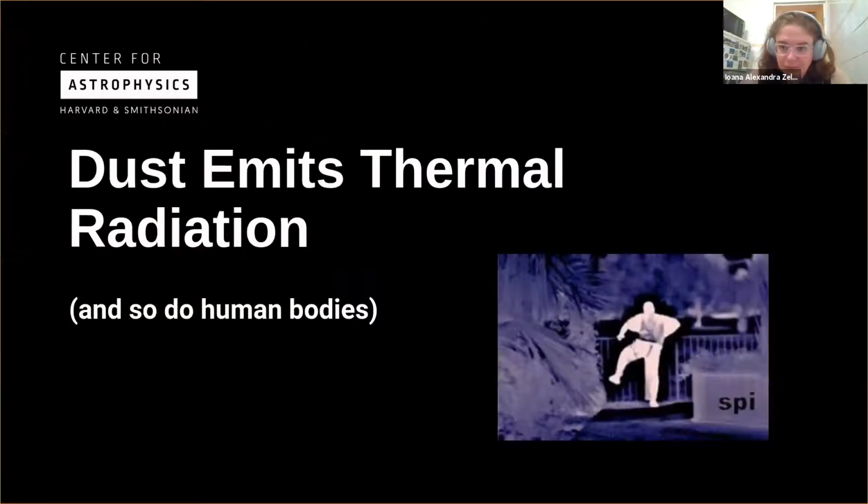And the other process that's very important to us is the thermal emission from dust. Much like we as human bodies emit radiation, our radiation is mostly emitted in the infrared, which is why the army can see us through buildings if they really want to, using special goggles. So do dust grains.